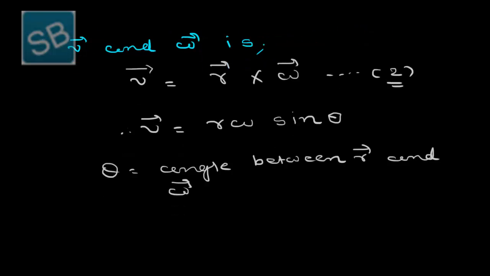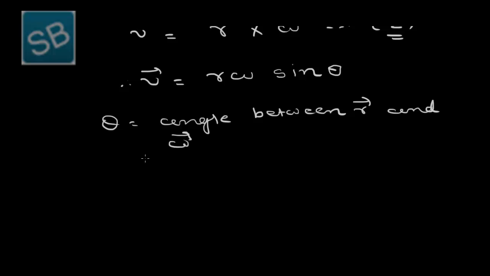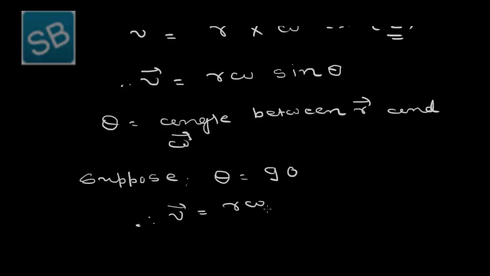Now suppose this theta has the value of 90 degrees, then your vector v only has magnitude, because the final answer will be r omega, and that is the simple velocity.